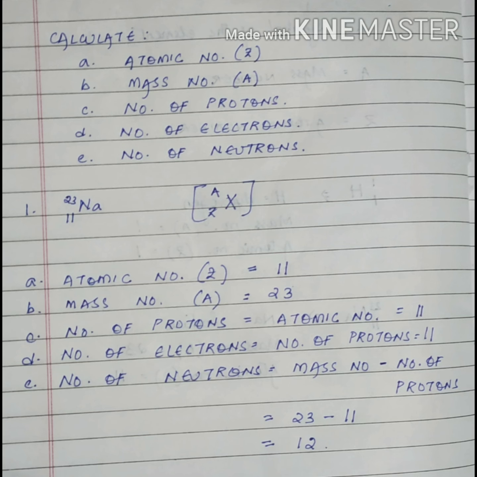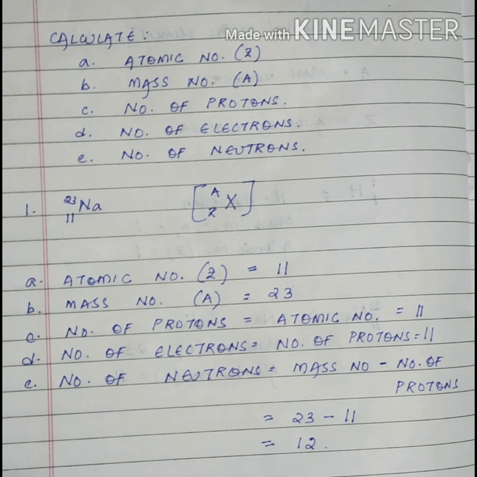Now see this example. I have given you again sodium 23 and 11, and I have asked you all to calculate the atomic number, the mass number, number of protons, electrons and neutrons. So based on the formula X is Z, atomic number is the subscript that is on the lower side, that is 11. Mass number is the superscript, so that is 23.